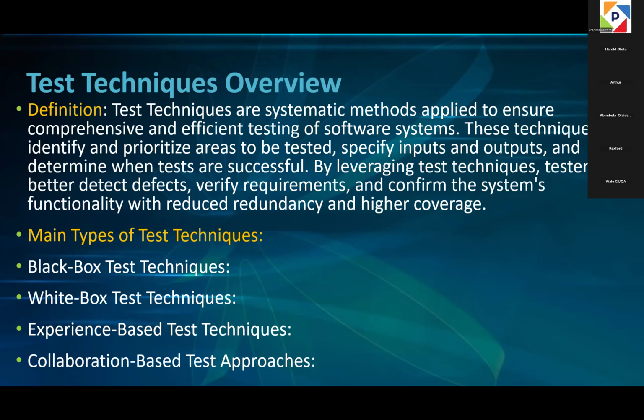As we all know, in the software development lifecycle, the part that we are all concerned with is the testing phase. In testing, there is something that we call: 100% testing is impractical.